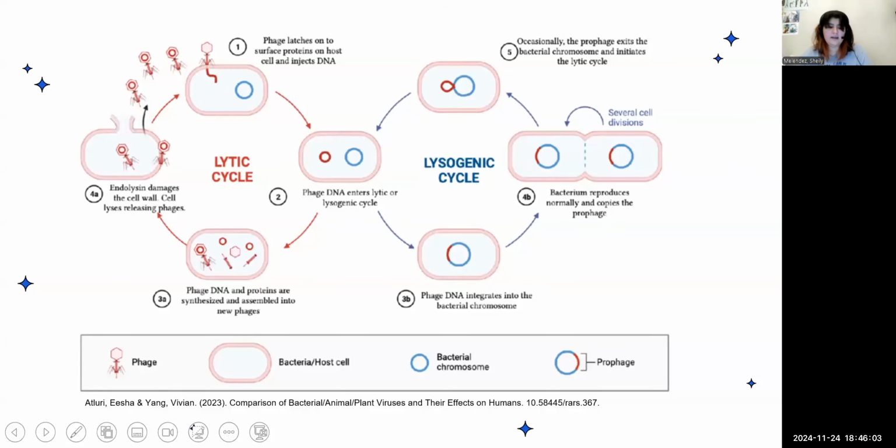Lysogenic, unlike the lytic cycle, does not result immediately in the bacterial cell lysing after replication has been completed. It instead combines the viral DNA with the bacterial host's DNA, replicating with the potential of even becoming a plasmid, which is a circular piece of DNA within the host cell, and existing within the cell until it depletes the resources of the host cell.